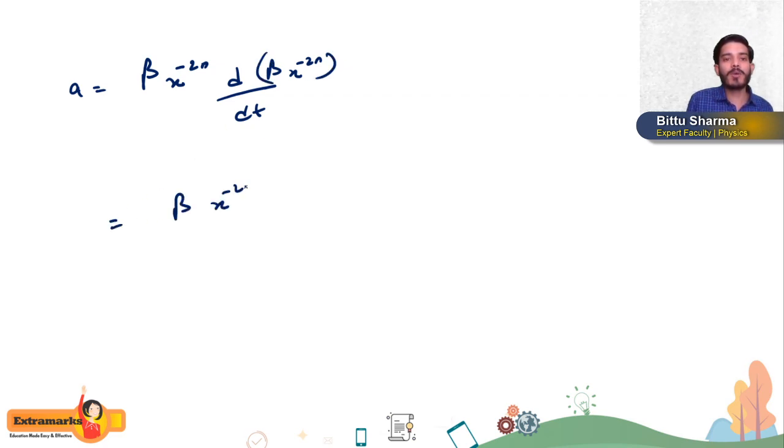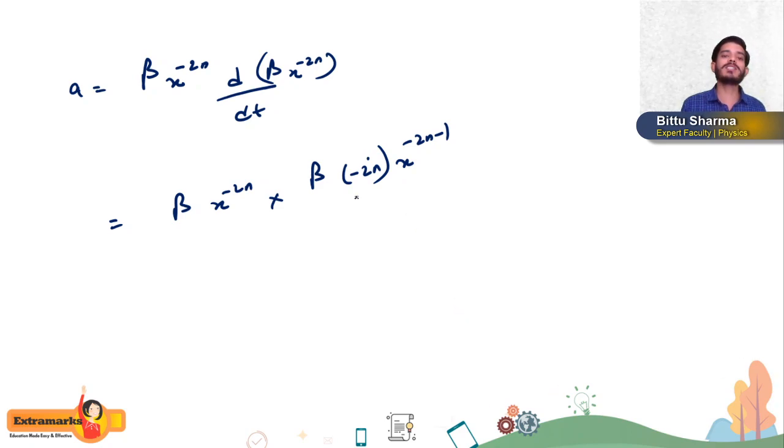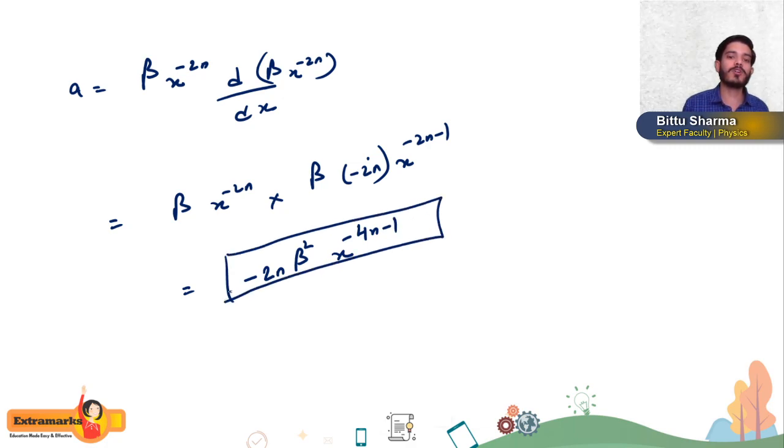Beta x to the power minus 2n, into beta will come out, x to the power minus 2n, and minus 2n will come in front, so x to the power minus 2n minus 1. I hope you are getting this. Into dx by dx, so it will be 1. So it is minus 2n beta square x to the power minus 4n minus 1. This will be the correct answer for this question.